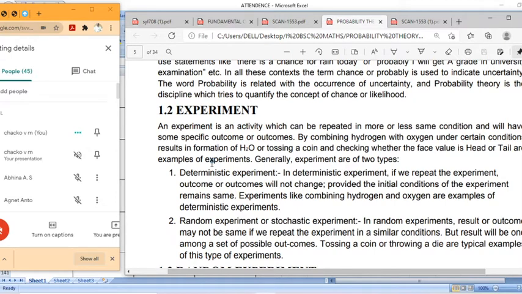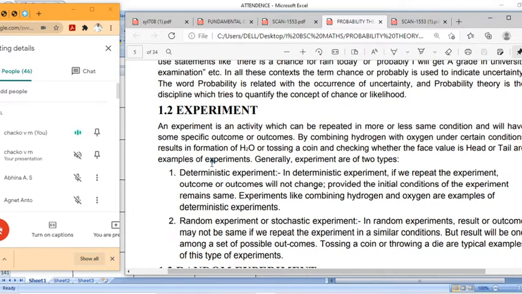So there is more than one possibility for a random experiment. And if you put a light bulb on test and observe its lifetime, you can expect the lifetime to be any time between 0 and infinity. So there are infinitely many possibilities for the lifetime.